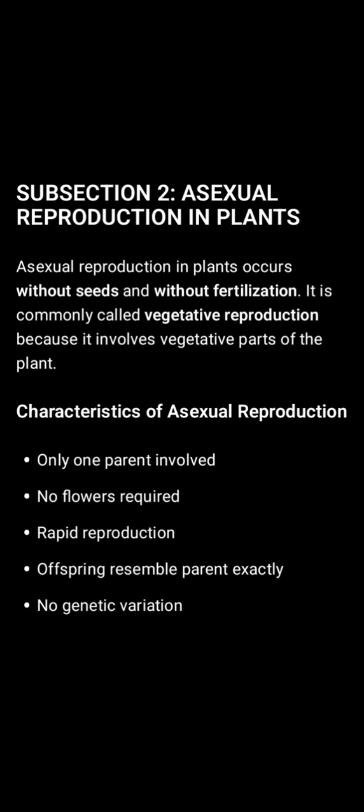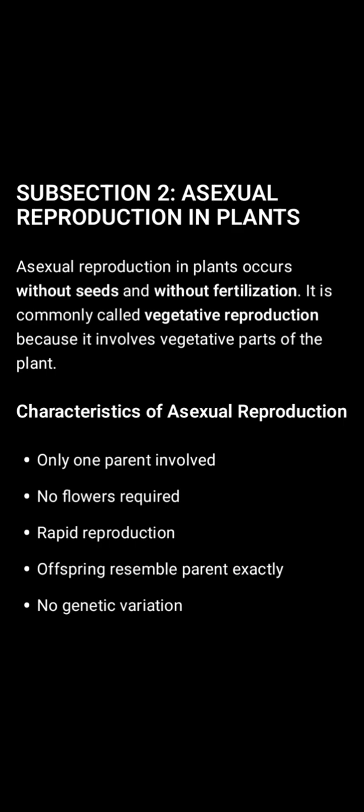Which means if the parent had a disease, the offspring would exactly have the disease. If the parent had an unfavorable characteristic, the offspring will have that same unfavorable characteristic. That's what it basically means. Unlike sexual reproduction, the fact that a parent has a disease does not mean that the child would have that disease.